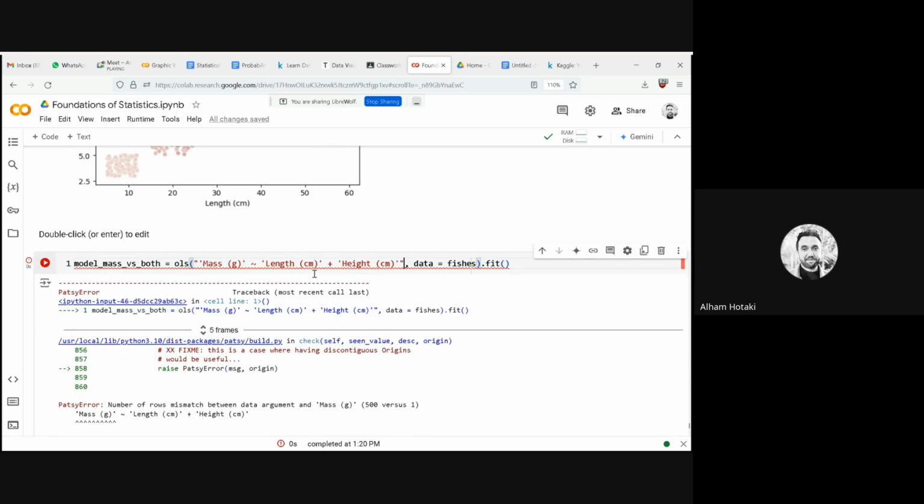So mass gram is equal to length plus height plus, that would actually be the proper one, but still it doesn't understand it. Maybe this type. You have to do it again.